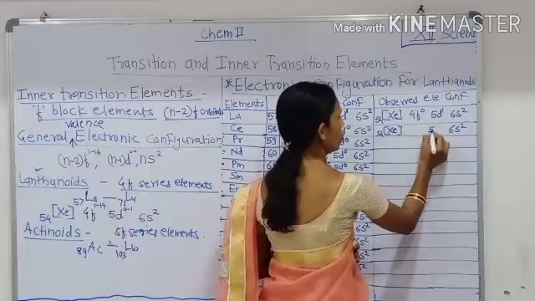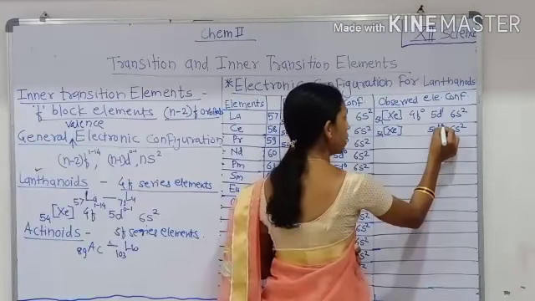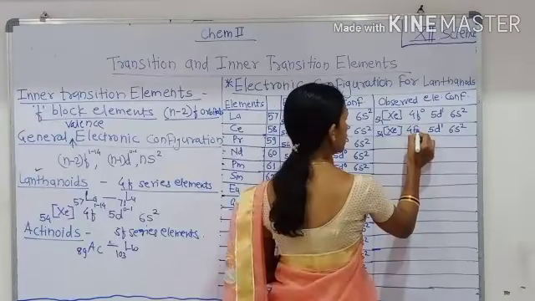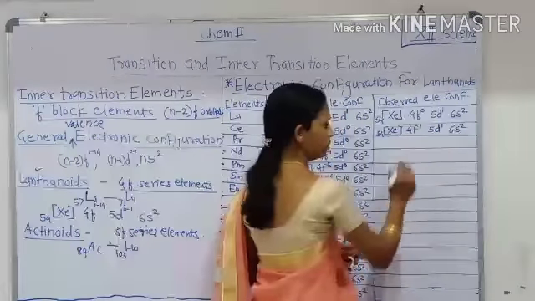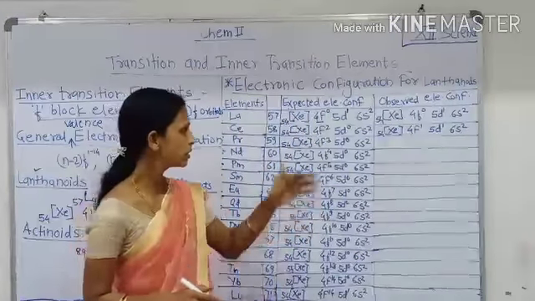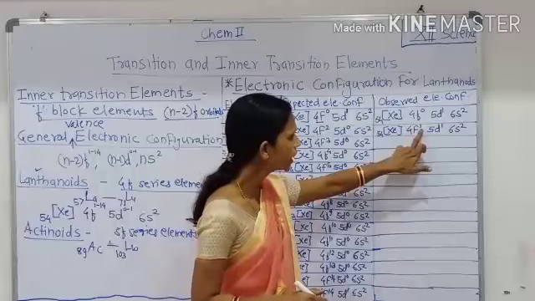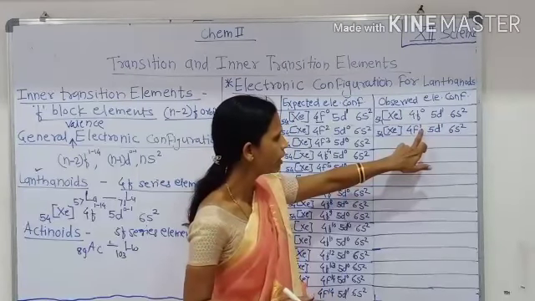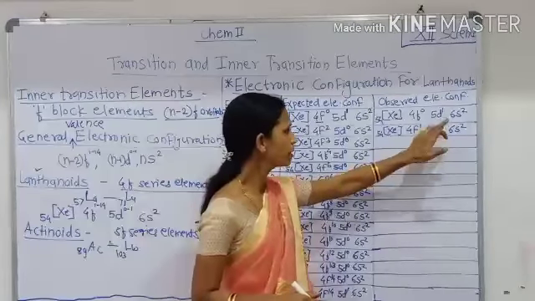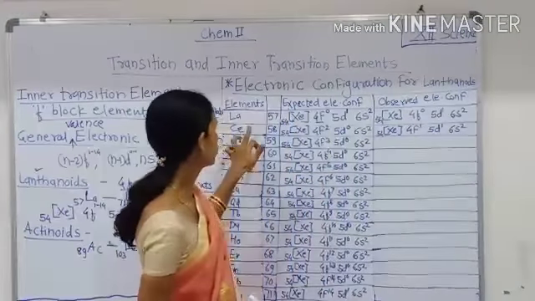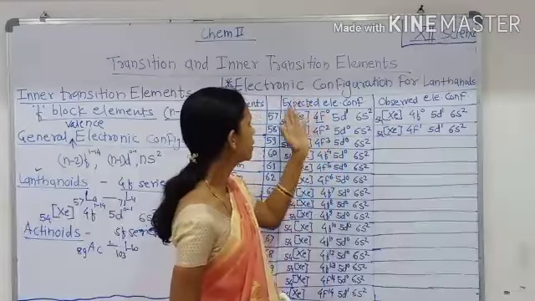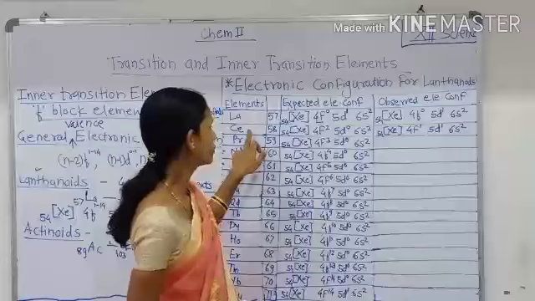Here also one electron enters the 5d orbital and 4f1. That means the observed electronic configuration for cerium has one electron in the 4f orbital and one electron in the 5d orbital. That is the observed electronic configuration for cerium. That means here is the difference between the observed and expected electronic configuration of cerium.